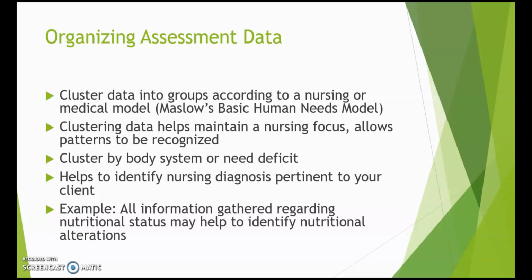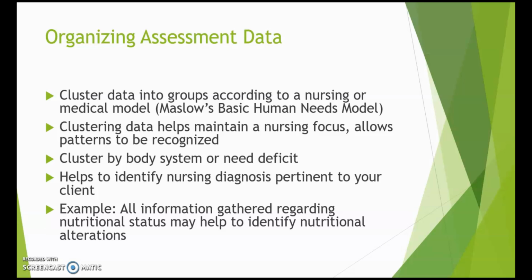What can we analyze? Each body system, each part of the system, and we analyze the balance as well as the problems in each system, and what is still missing or what is out of balance from the homeostatic standpoint. Helps to identify nursing diagnosis pertinent to your client.